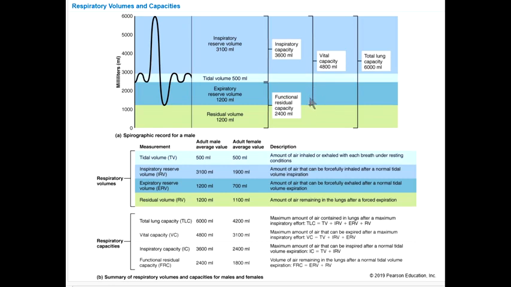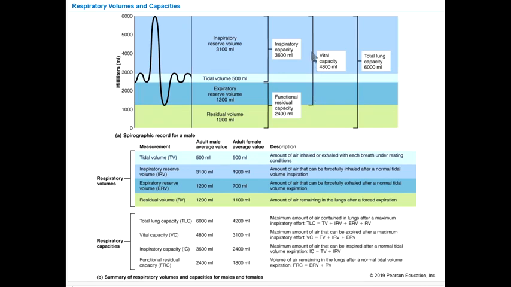Right here, vital capacity includes everything except that residual volume. So it's defined here as amount of air that can be expired after maximum inspiration. So maximum inspiration, then force all your air out, there's your vital capacity. So it does not include the residual volume.